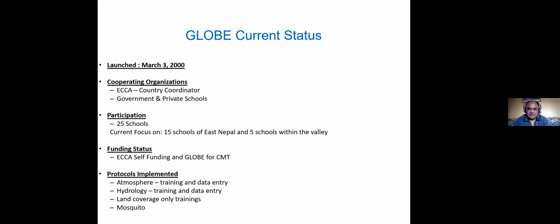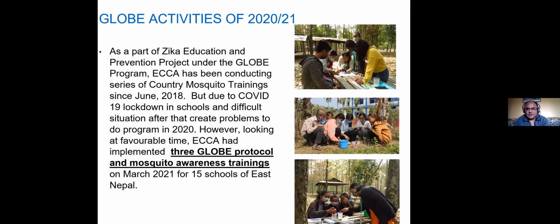For funding, we have self-funding, and we also got funds from Globe, and we have been implementing protocols on atmosphere, hydrology and land cover. Due to this COVID pandemic, we couldn't do much in 2020.